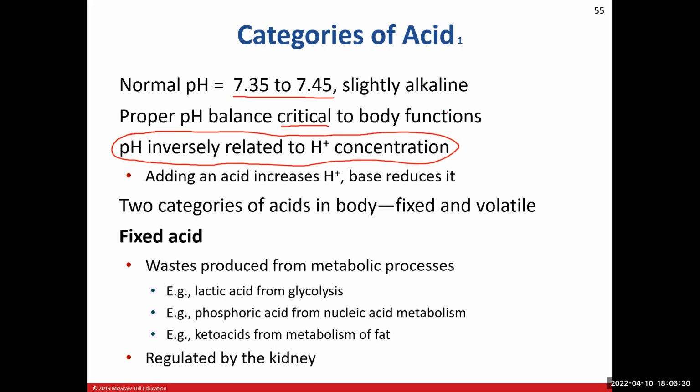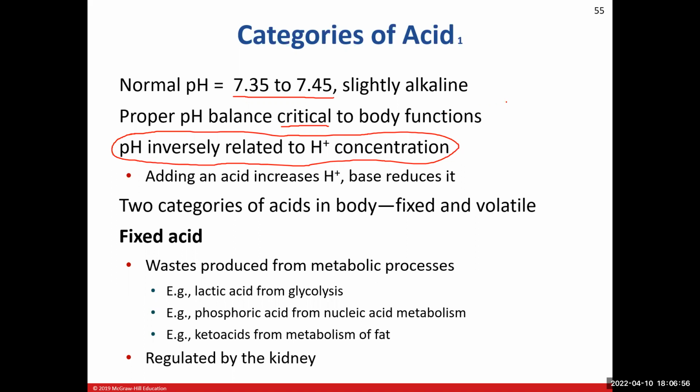If something becomes too basic or alkaline, all we do is add an acid to it to offset that value, and vice versa. If we see that a solution is too acidic, we just add a base to it to bring us back to that neutral level.